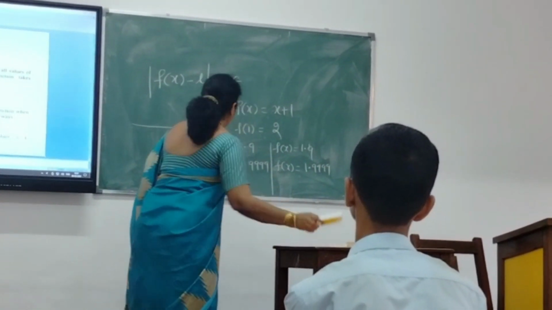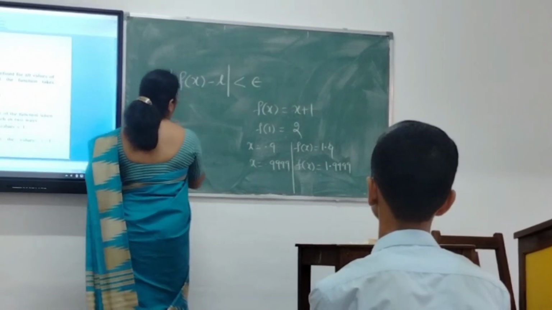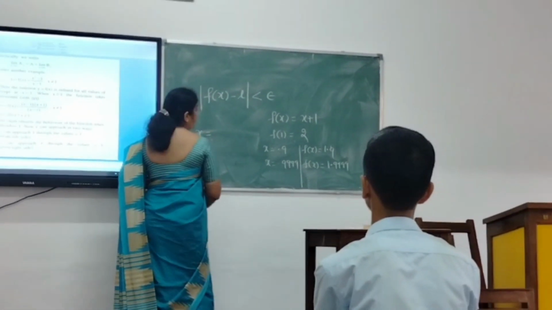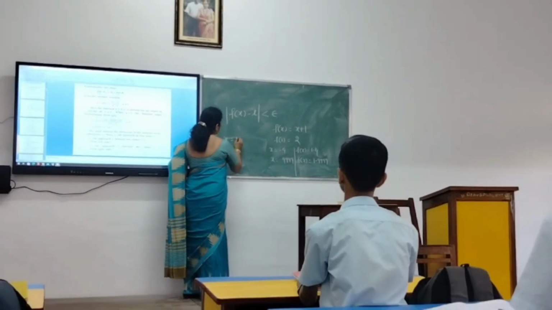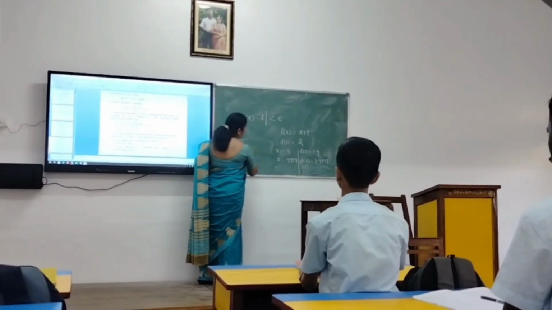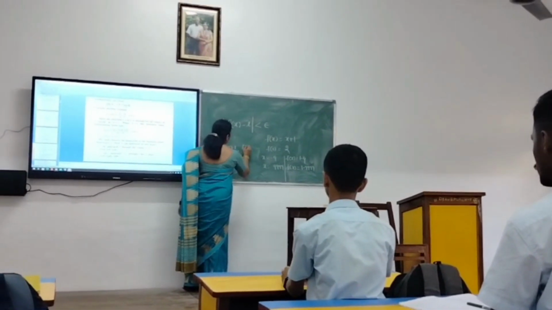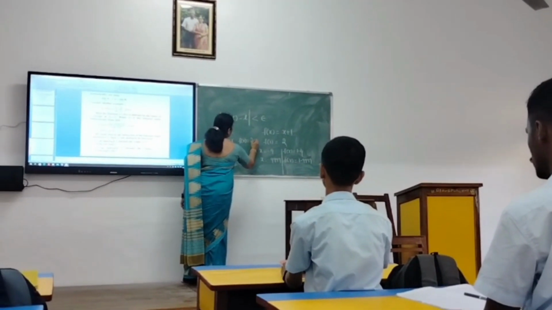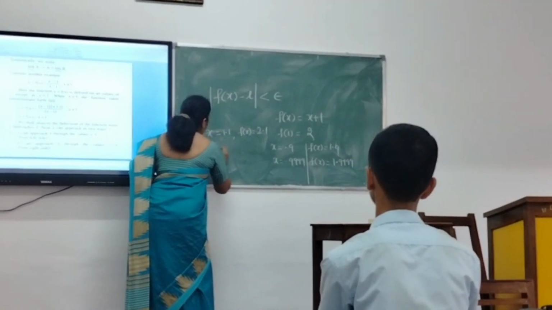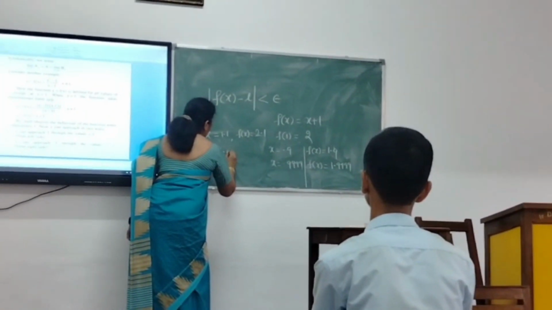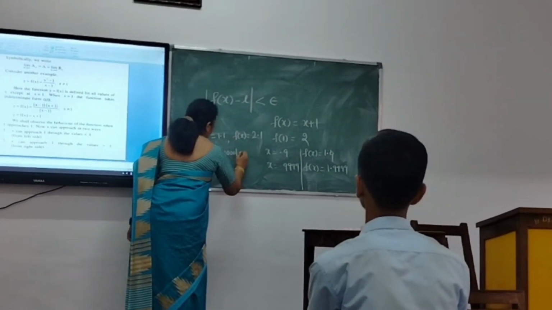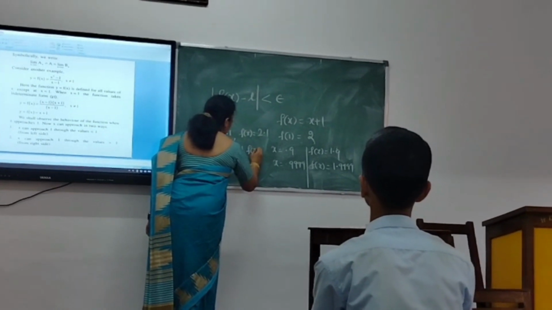Similarly, another case is if the value of x is equal to 1.1, then what is f of x? 2.1. If x is equal to 1.0001, then what is f of x?